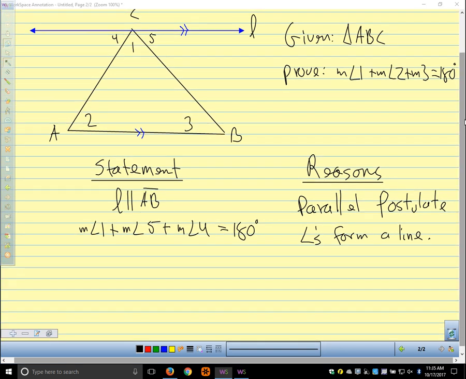Now I'm going to say that the measure of angle 2 equals the measure of angle 4, and the measure of angle 3 equals the measure of angle 5. And why can I say that? Here's my parallel line. Those are alternate interior angles.